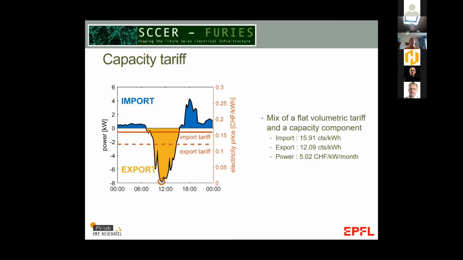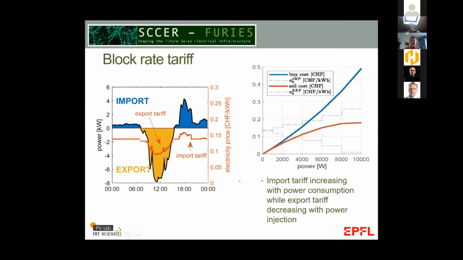We also used the capacity tariff of Romande Energie, taking into account the peak power, and a so-called block rate tariff, where for each range of power that is consumed or exported, you have a different electricity tariff.